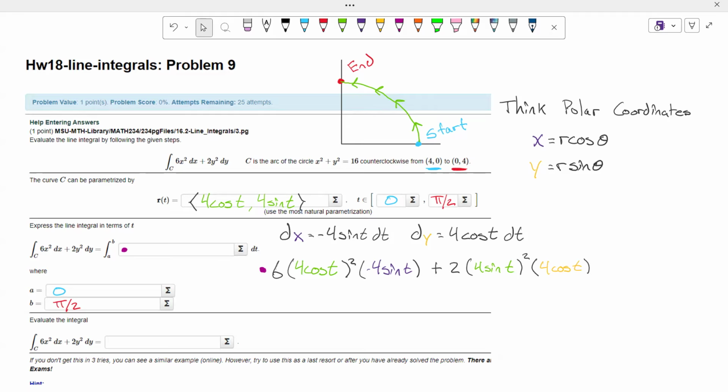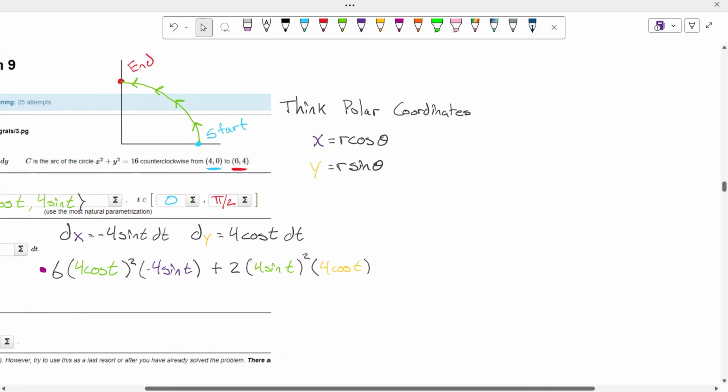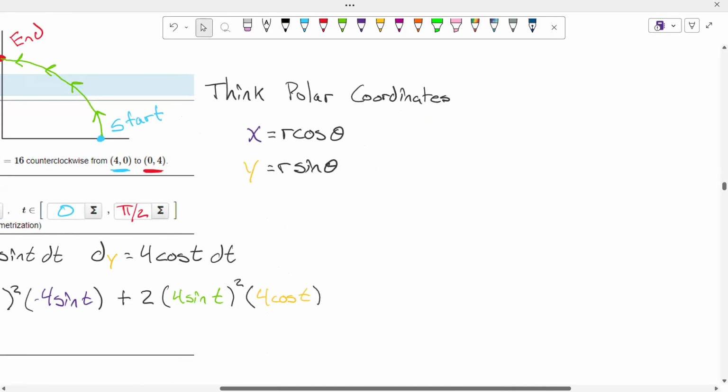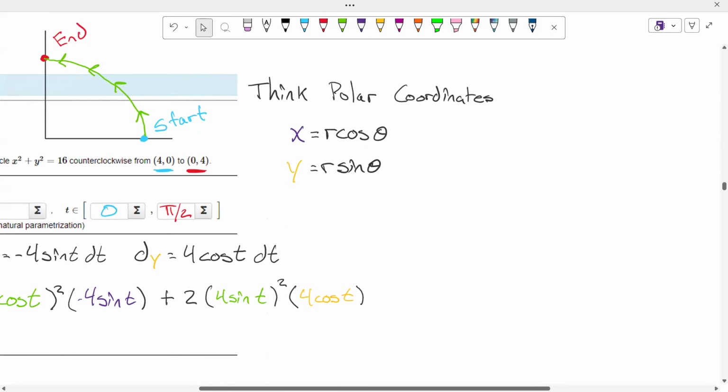This method was parameterizing our curve, finding an r of t, getting a dr, which in this case is just finding dx and dy, and then taking the dot product of those two things together. But I wanted to add a little extra detail for parameterizing this curve. In this particular example, we only have the first quadrant because we're going from (4, 0) to (0, 4), which is why t ended up being between 0 and pi over 2.